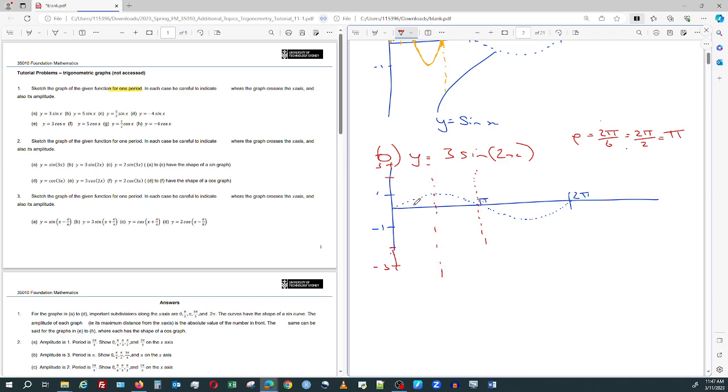A quarter of pi, we're going to be up here. A quarter of this one, we're going to be down here. So up we go, and down we come, through, and back up, and we finished our cycle.